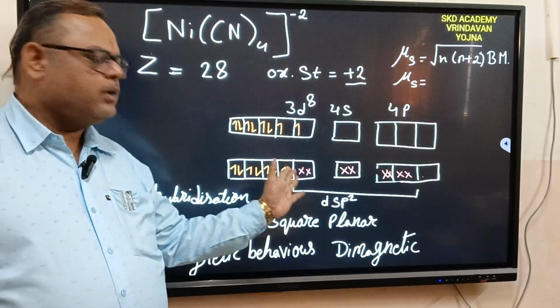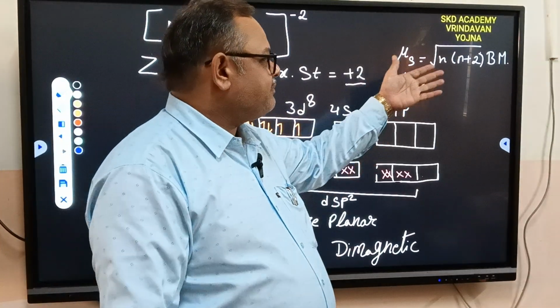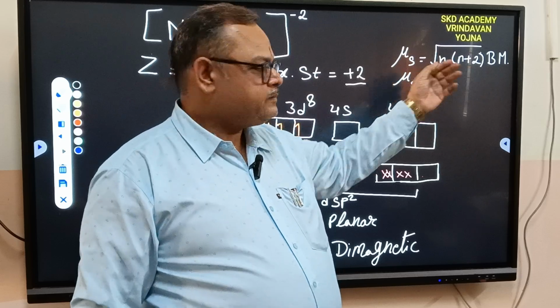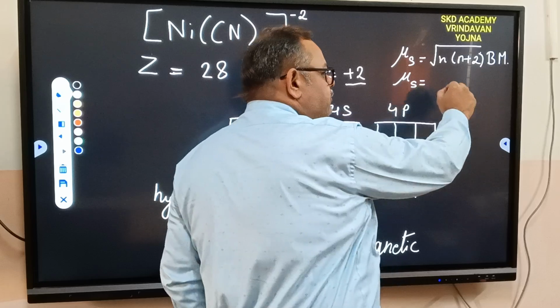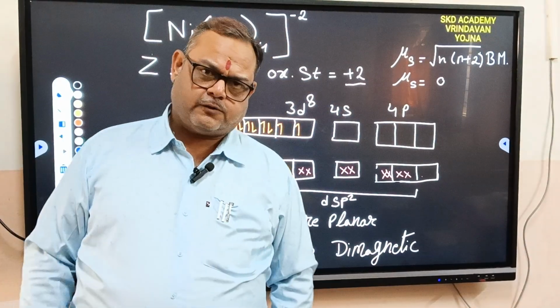As there are no unpaired electrons, n will again be 0. Now we apply the formula written on the right hand top corner of the board, and when you put n as 0, you find that magnetic moment again comes out to be 0.